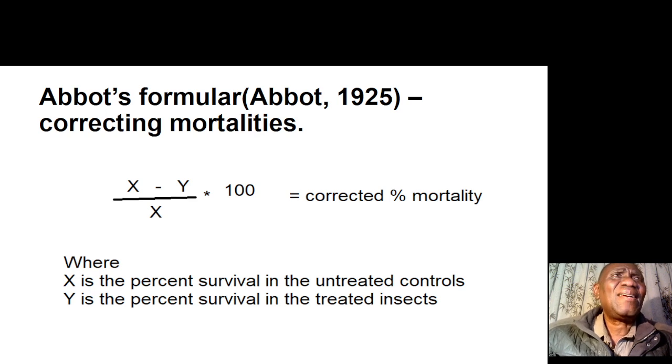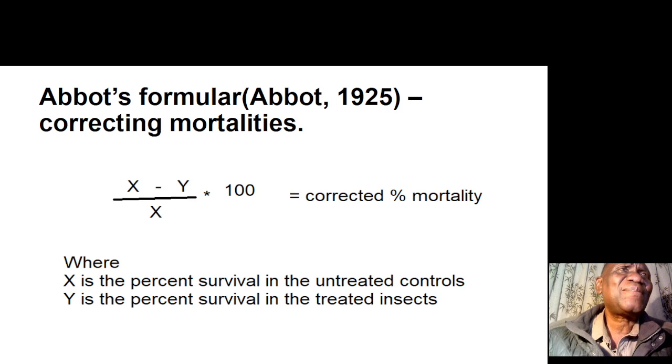Now there's a formula which is usually used. This is known as the Abbott formula, which was introduced a long time ago in 1925 for correcting mortalities during this kind of investigation.